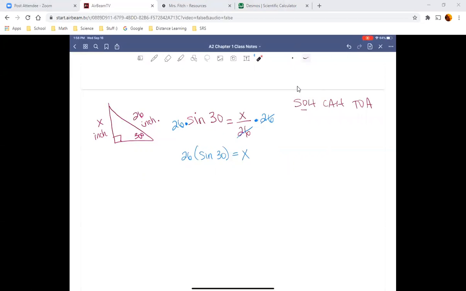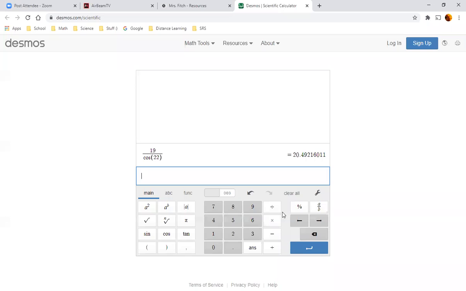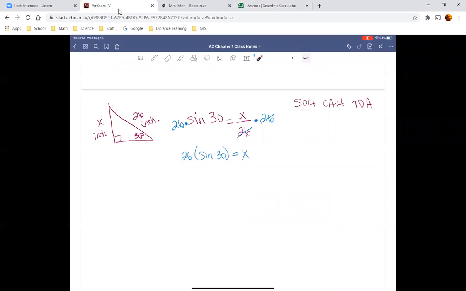So we're going to go back to our fancy little calculator, and we're going to put in 26 times the sine of 30. And what do we get? 13. Yep. So our x is going to equal 13. So we know it's 13 inches.